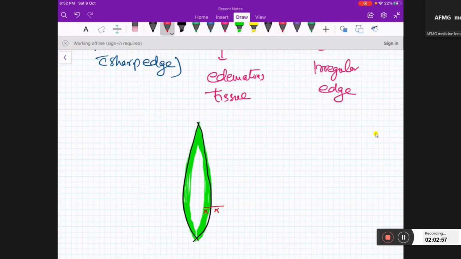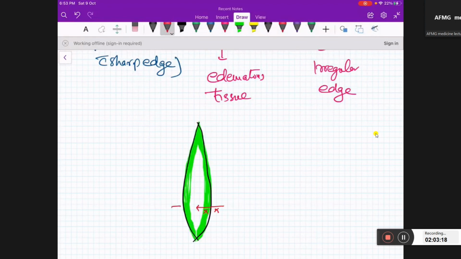Imagine 1 centimeter is the X in this scenario. So I'll take 1 centimeter away from the free edge of this tissue and enter the needle. So I'll enter from here, out, in. So I have entered now.